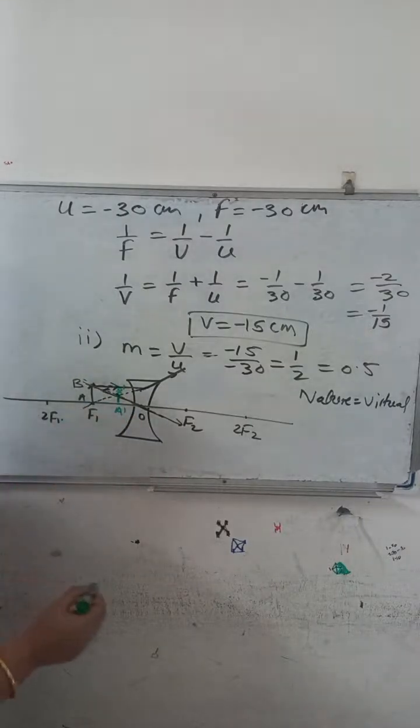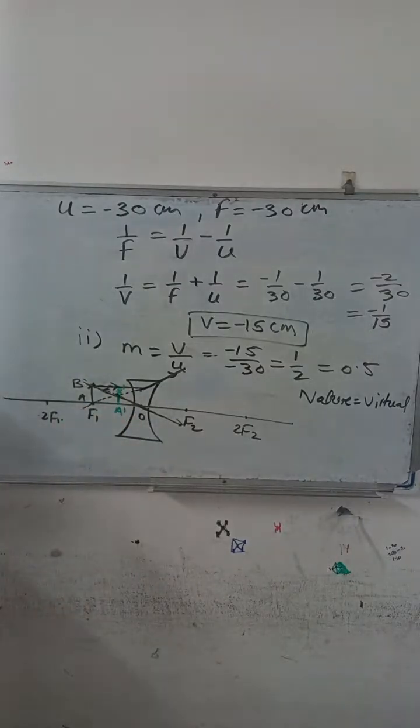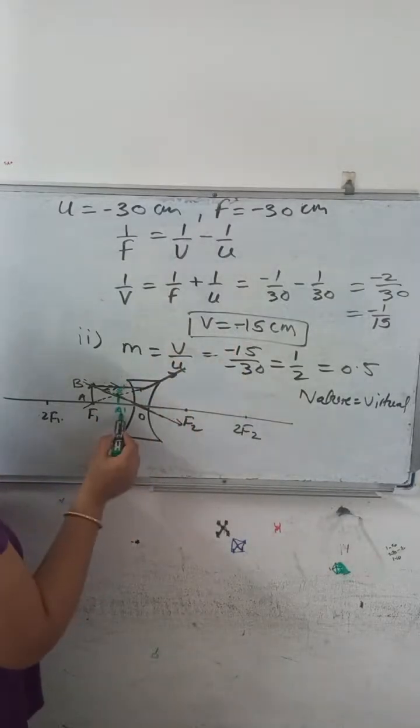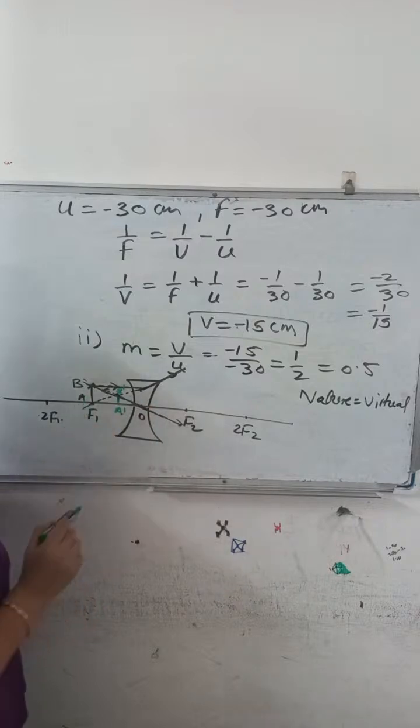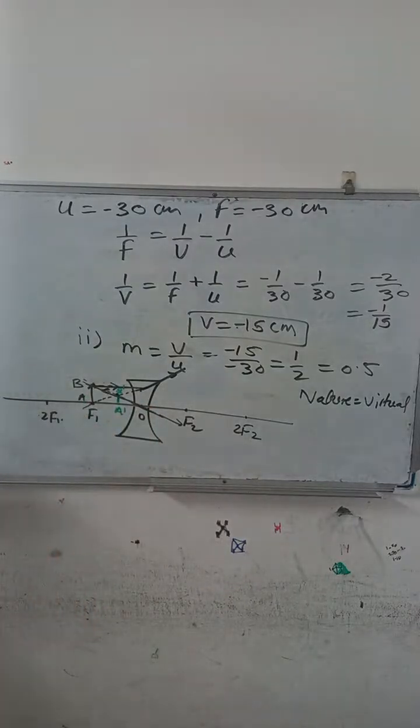So the image is diminished, and it is formed on the same side of the object, because V here is minus 15. So draw this ray diagram. Rays are very important over here. Don't forget to draw the rays, incident ray and refracted ray.